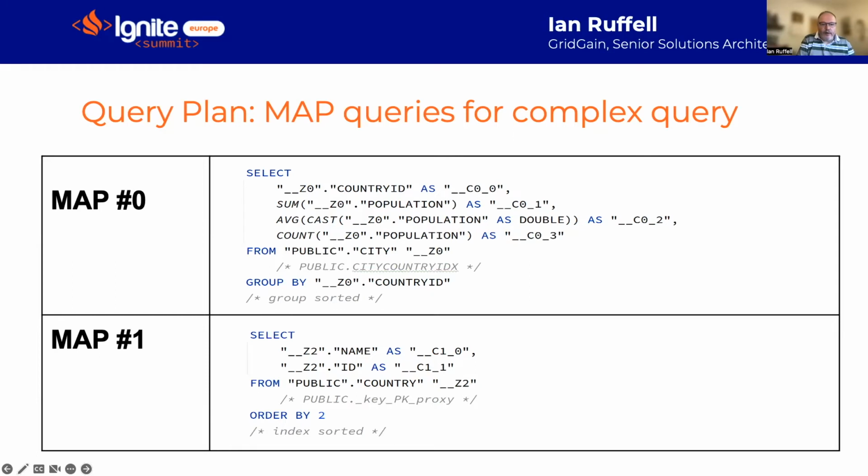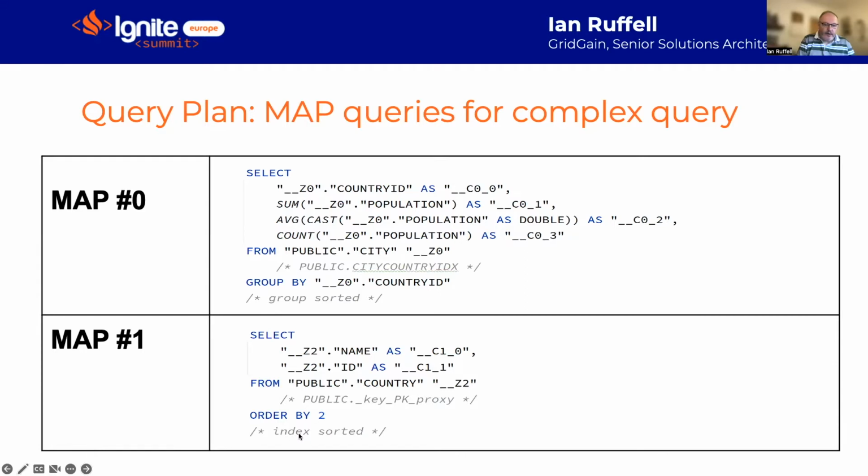So what information can we extract from these plans? You can see the indexes proposed to be used by the engine. In our case here, we've got city country IDX. In this case, we can see that aggregation is really effective because of the sort-based algorithm that it's going to use, as opposed to a hash-based one.